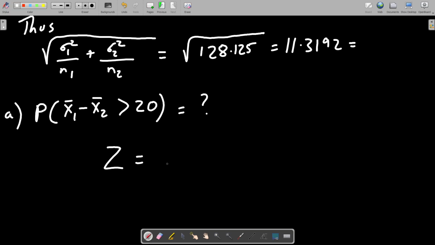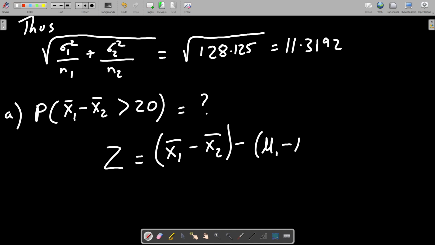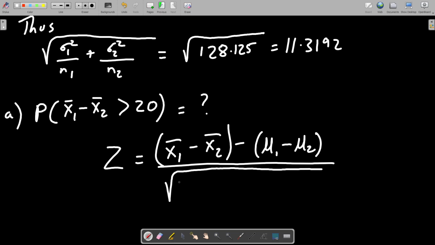Okay, so now define z to be equal to x1 bar minus x2 bar minus (mu1 minus mu2), divided by the square root of sigma 1 square by n1 plus sigma 2 square by n2, right?